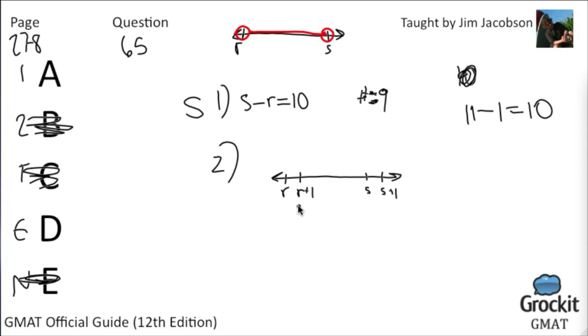And this one tells us a similar sort of thing, that there are 9 digits between those numbers. And of course, if there are 9 digits between r plus 1 and s plus 1, there are also 9 digits between s and r. It's just shifted the same distance on the number line to the right 1.